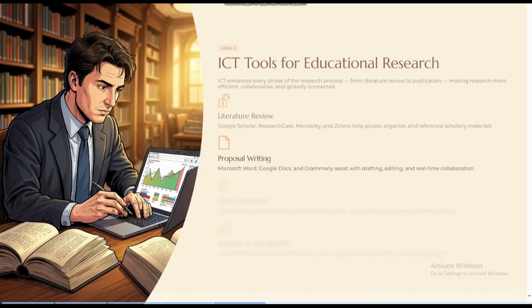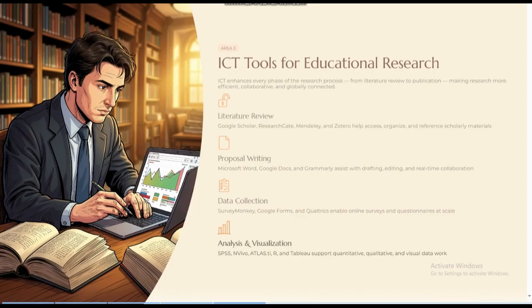Collaboration means that, for example in Google Docs, you can be working on a particular proposal with more than one person in different locations. For data collection, some of the ICT tools used are SurveyMonkey and Google Forms. We also have Qualtrics, which enables online surveys and questionnaires at scale.